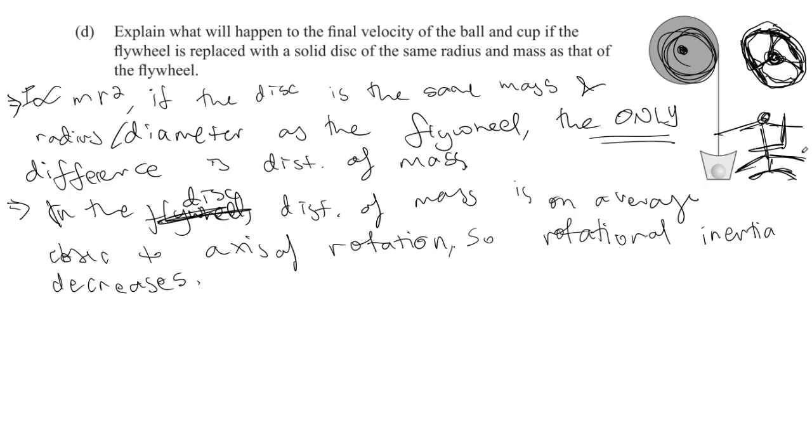You're going to notice that when the mass is on average closer to the axis of rotation, you spin faster. This means it's easier for you to spin, so there's less rotational inertia.